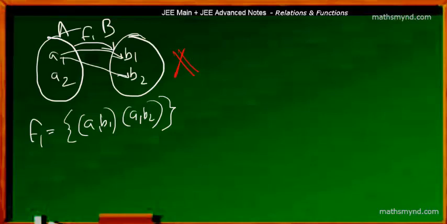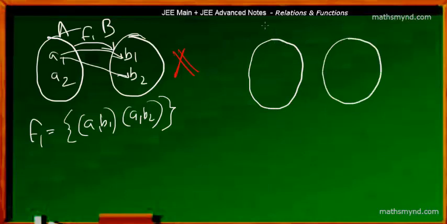Now let us look at a second case, where the idea is quite the reverse. So you have sets A and B, and you have a function between them, F2, with A1, A2 and B1, B2.